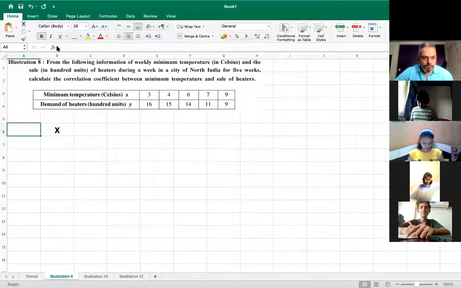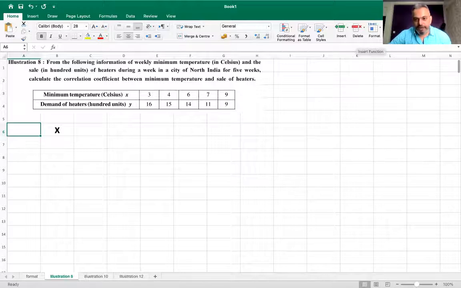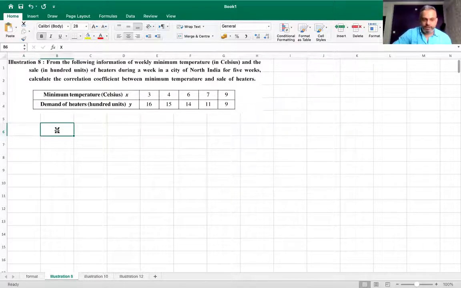Now, illustration 8, page number 73. Let's read the question.